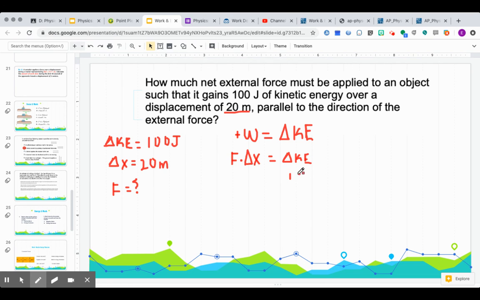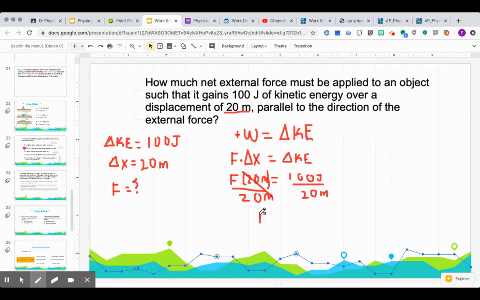We have 100 joules, we don't know our force applied, and we plug in 20 meters as our displacement. We divide both sides by 20 meters to get the applied force by itself, or technically the net external force, which could be a combination of forces.